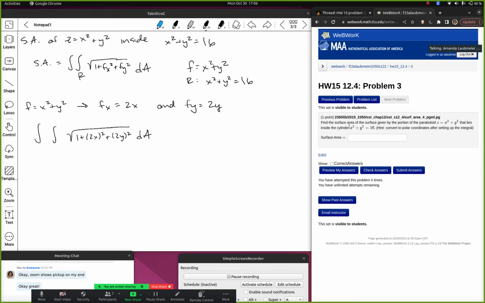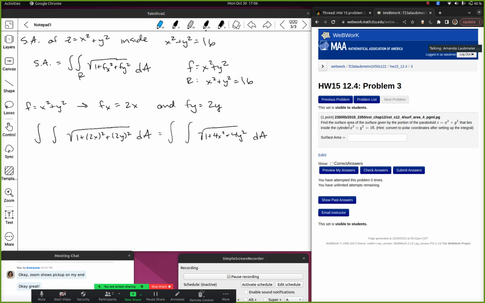And then that's going to be a double integral of root 1 plus 4x squared plus 4y squared dA. The other thing that I saw a little bit of in class was just forgetting to square that 2 along with the x. So some people ended up with 2x squared, 2y squared. Just make sure that square hits everything inside that term.